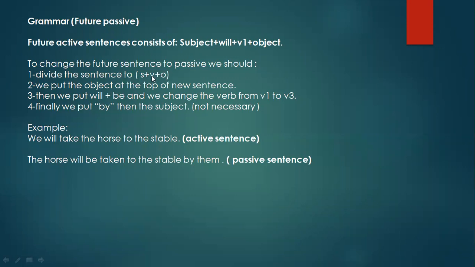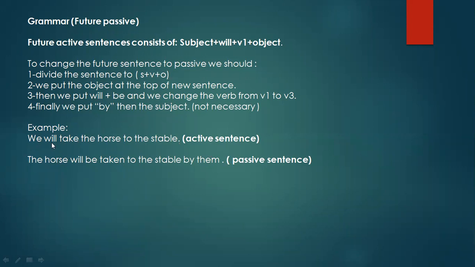When the question asks you to change the sentence from active voice to passive voice, the first thing you should do is divide the sentence into subject, verb and object.